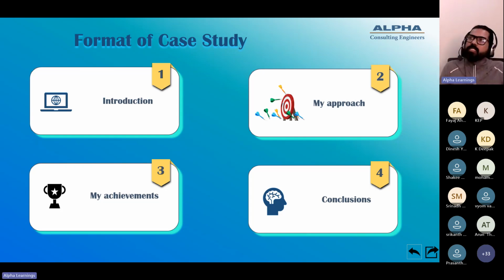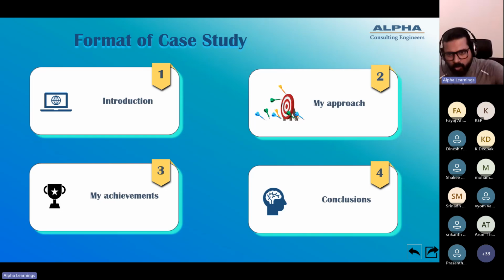Like they have done some meetings and workshops, some negotiations, and finally they have come up with that particular option or advice. So you have to mention how you have implemented it, and then what was the outcome of the project in terms of time, in terms of cost, in terms of expectations of the employer. That will be the part of my achievement.